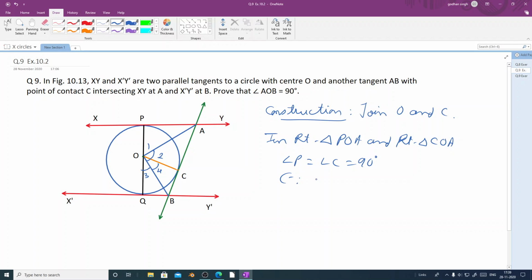Because tangents and radius are perpendicular to each other at the point of contact.